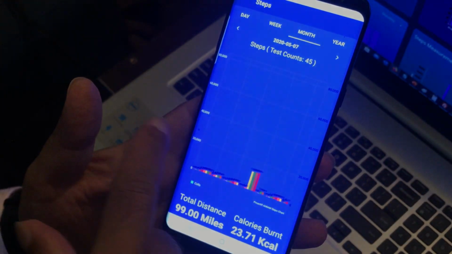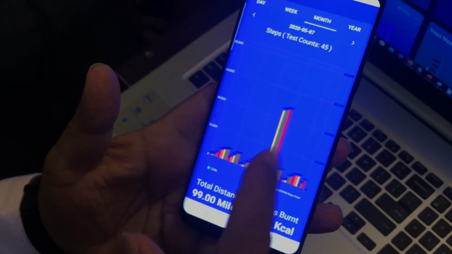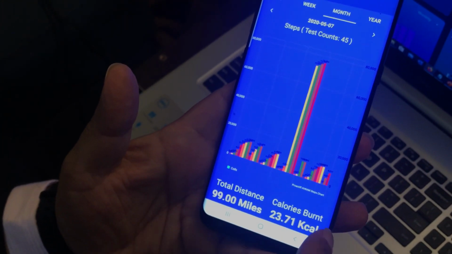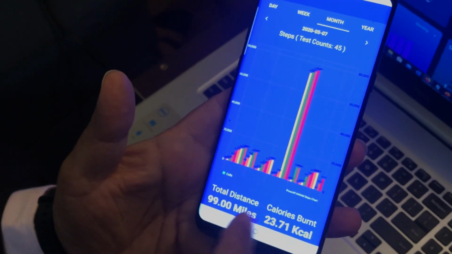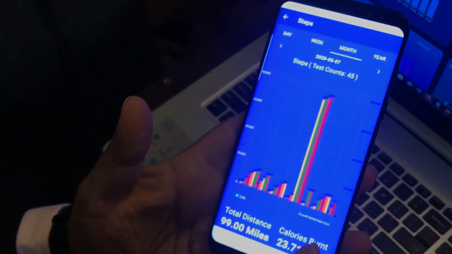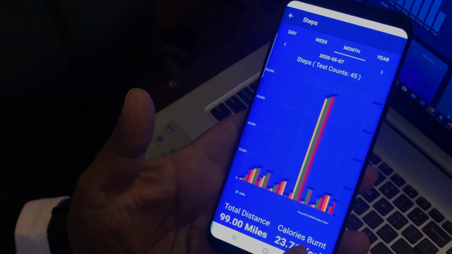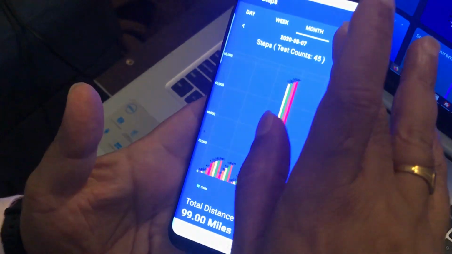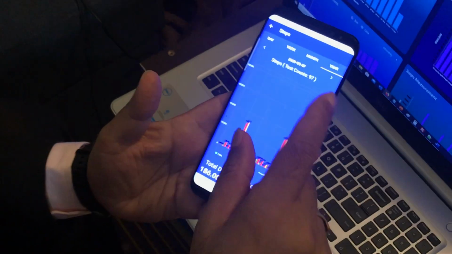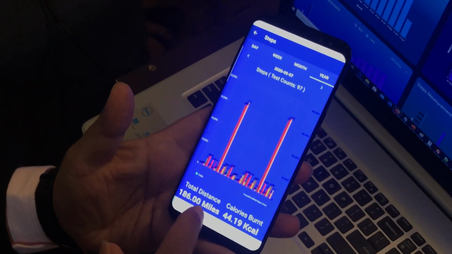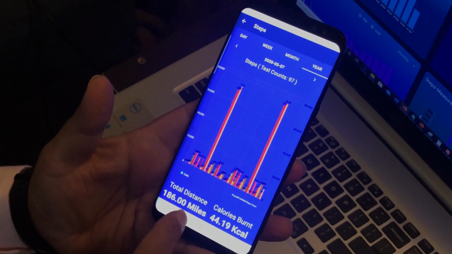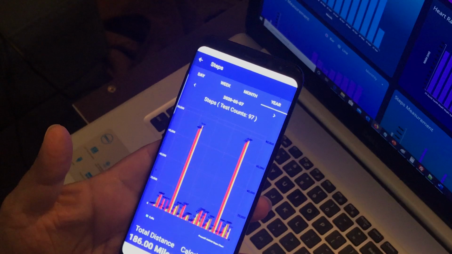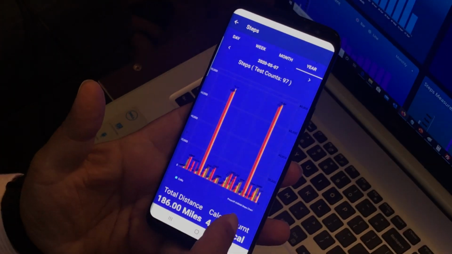Taking a monthly snapshot, doctors, clinicians, or sports athletes can self-reflect and see the cumulative distance that they have covered during the week or during the month, and likewise the calories that are burned, and the kilocalories can be converted into METs as well. Now looking at the cumulative chart of the year, you have the total distance, which is 186 miles, for example, just as a reference point, and then almost 44.19 kilocalories burnt.